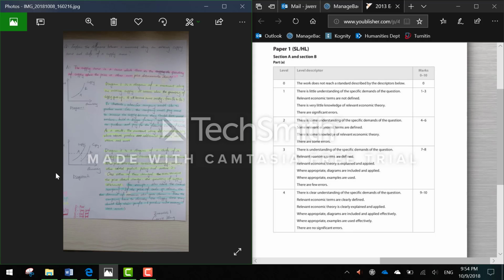I just want to circle back to something I said I would repeat before. A big part of these is about your diagrams and your examples, because these are human beings marking these. Human beings like to look at pictures. They like diagrams to be perfect. And then the examples are the thing that can most strongly demonstrate your economic knowledge.